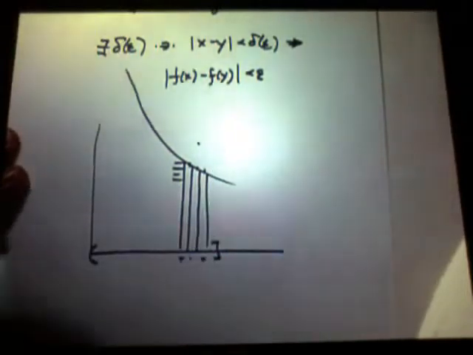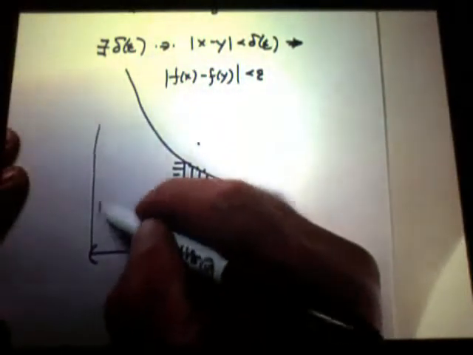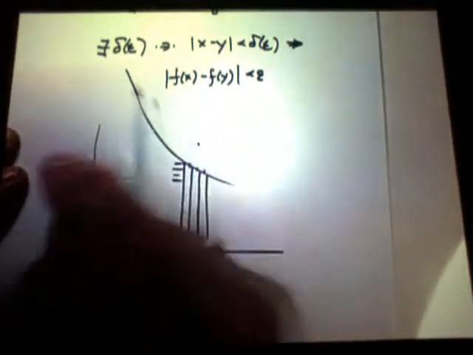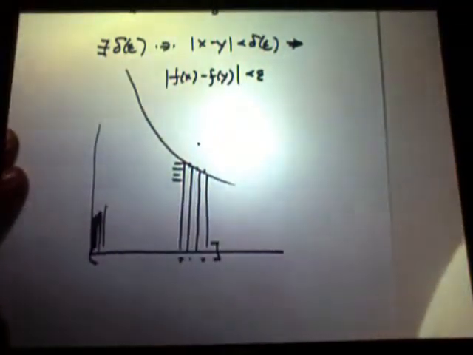But as you get closer and closer to 0, the deltas will get infinitely small.